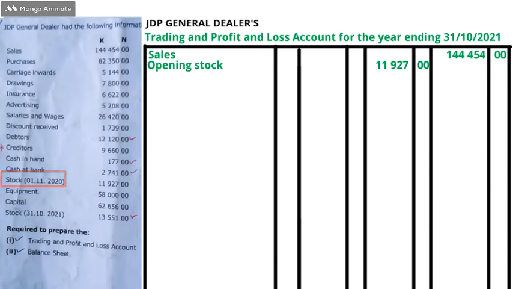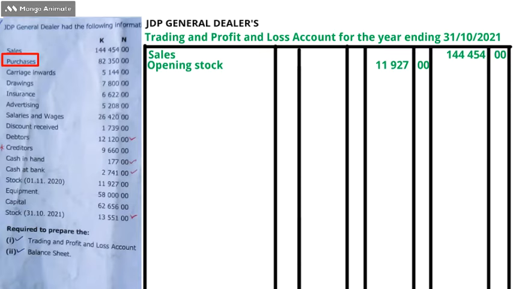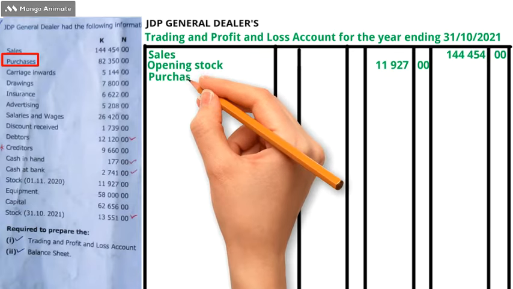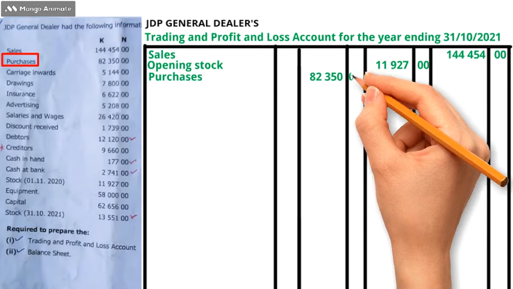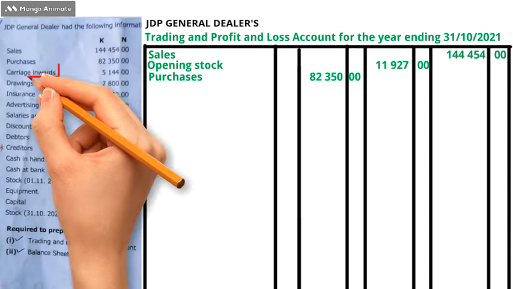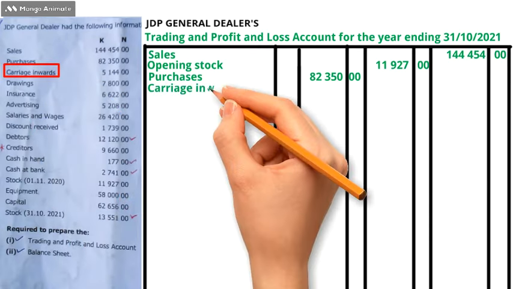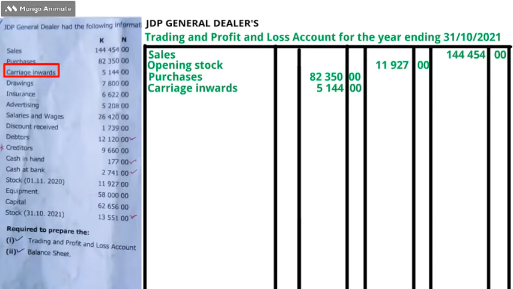Then thereafter we come to purchases. We had 82,350 for purchases. We record it there. Then we also had carriage inwards, which is 5,144. We record it there. Once we have recorded that, we find the total.